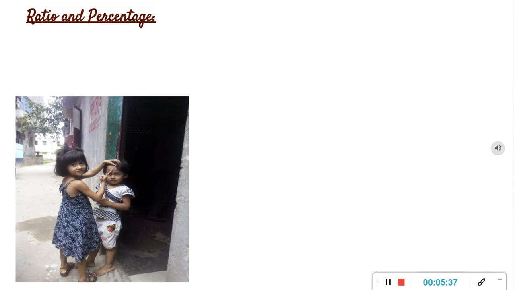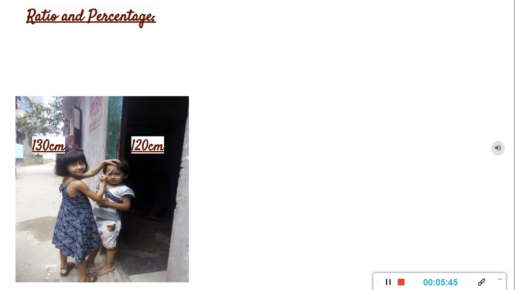Now let's start our next topic, that is ratio and percentage. Ratio. So ratio is a comparison of two quantities. How do we express ratio? Let's say that these are the two girls, let's call them A and B. Now, how do we express the ratio?